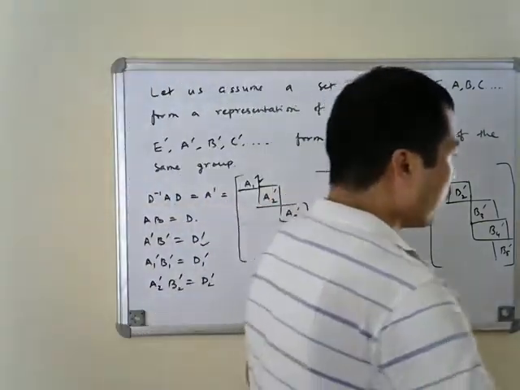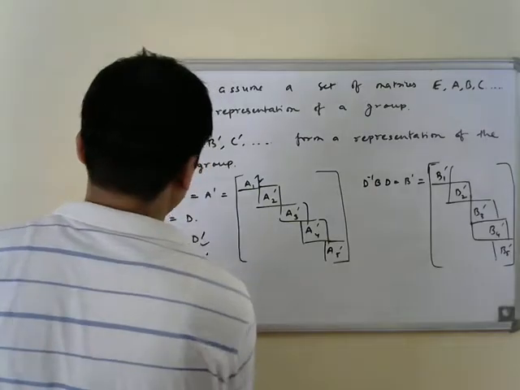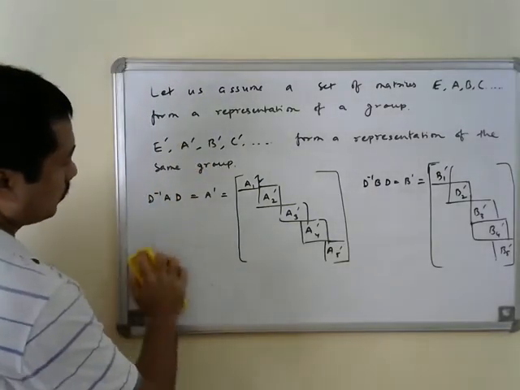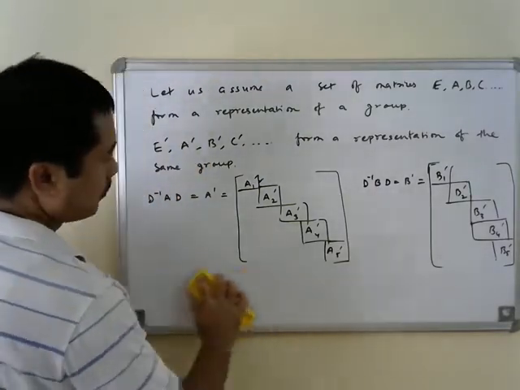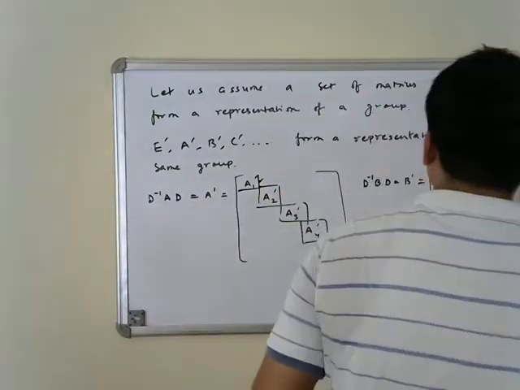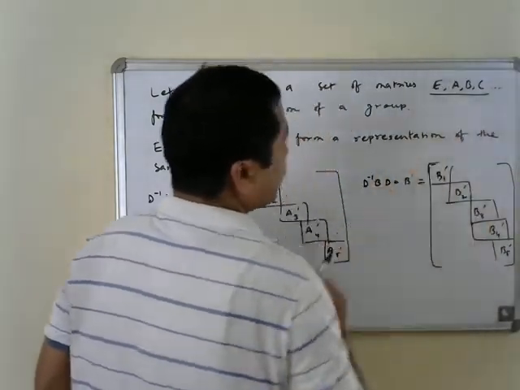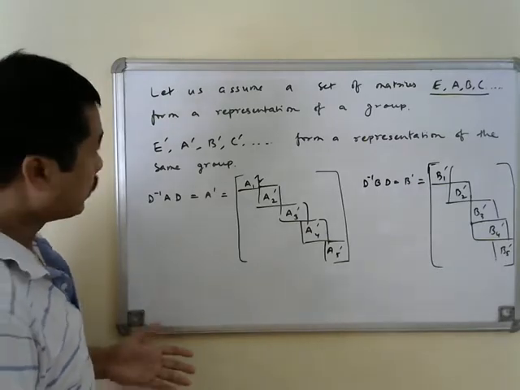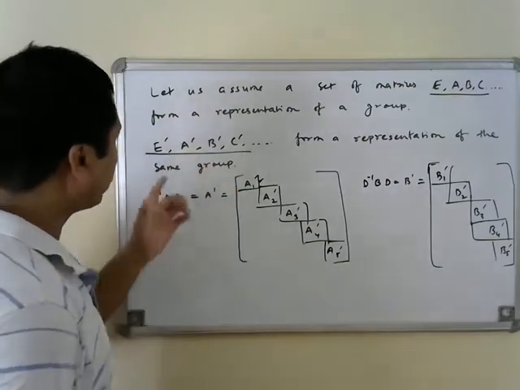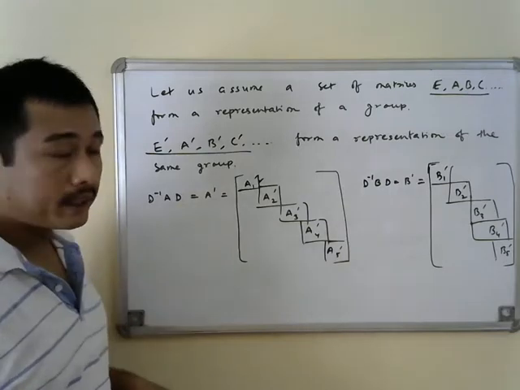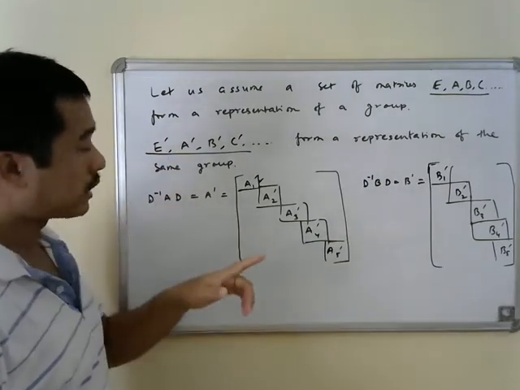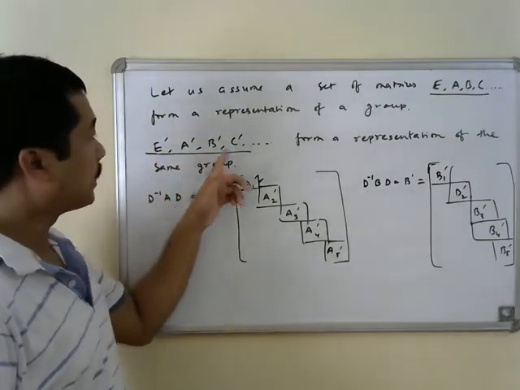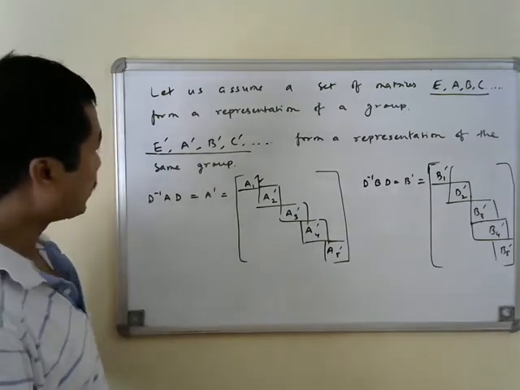So essentially what it tells us is that this is a representation of the group. That is what we assumed, and we proved that the prime set of matrices that we obtained by doing similarity transformation, that is E dash, A dash, B dash, C dash, are also a representation of the same group.